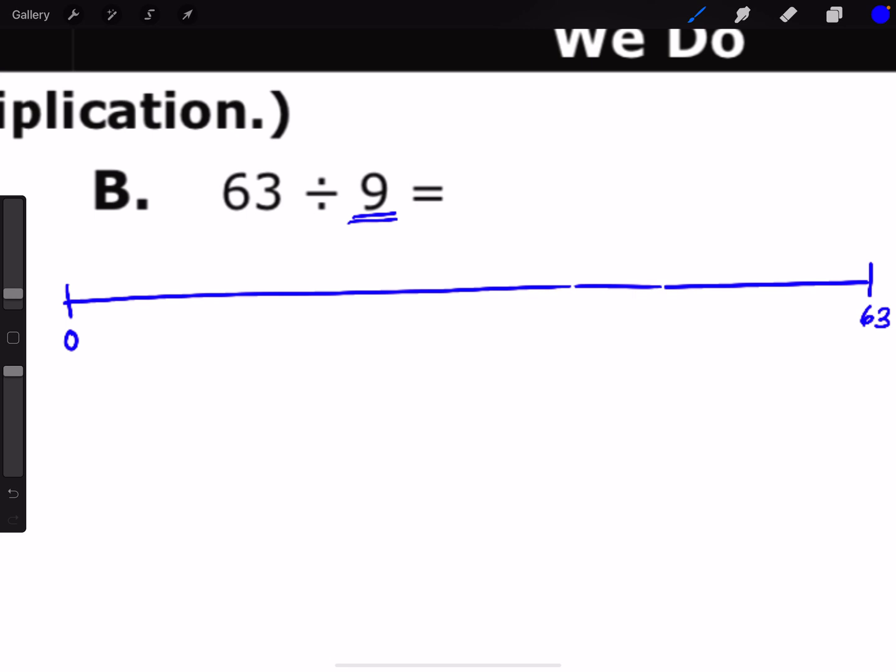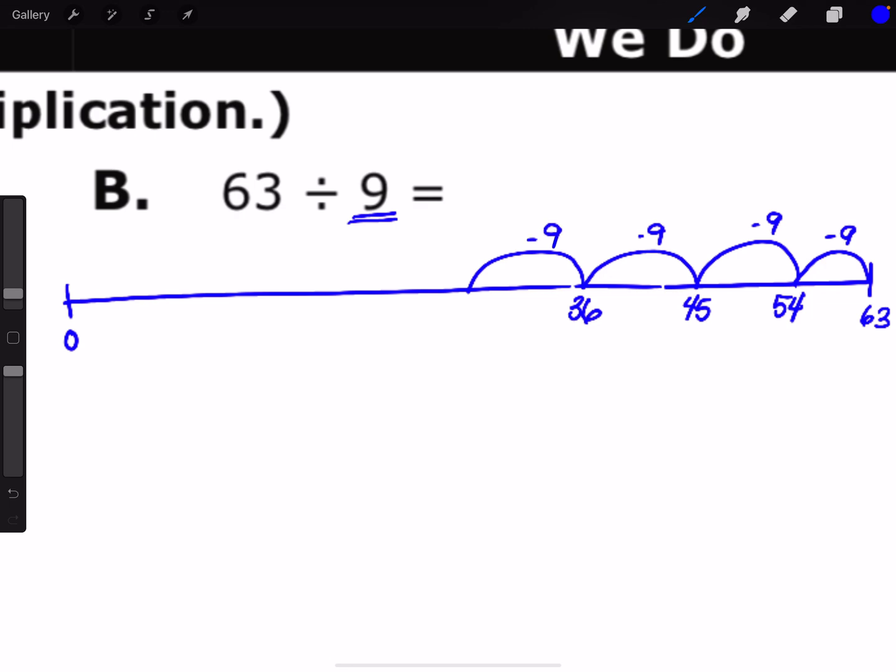So we're going to do 9, take away 9. So 63, take away 9, would be 54. Take away another 9, that'd be 45. Take away another 9, that'd be 36.